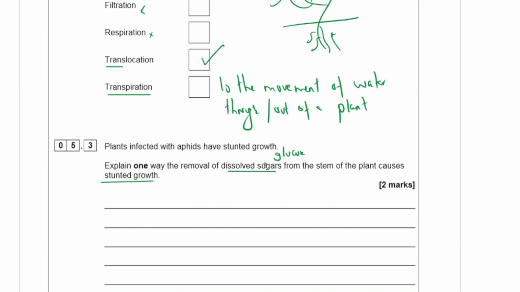So if the aphids are actually feeding on the glucose, right, that means there is less glucose for respiration, right? Remember, respiration, you need to release energy through respiration, aerobic respiration, using glucose. Why do you need the energy? For all chemical reactions, you need energy, right?